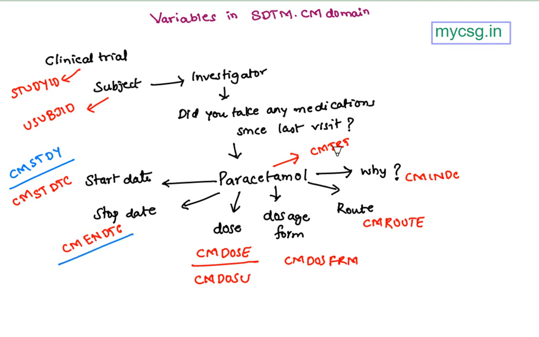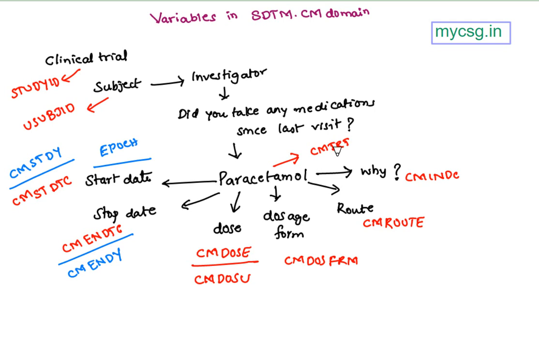Similarly, for CMENDTC, the study day variable would be CMENDY. And in every SDTM domain, we will create an epoch variable. So in interventions domains, we derive the epoch variable based on start date. So when we have the start date, we also know that epoch can be derived.